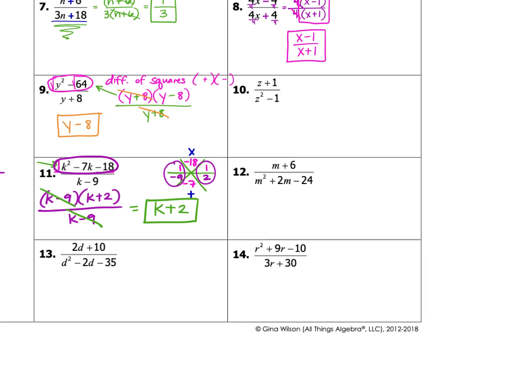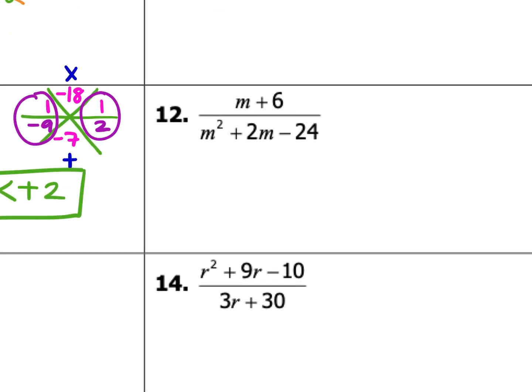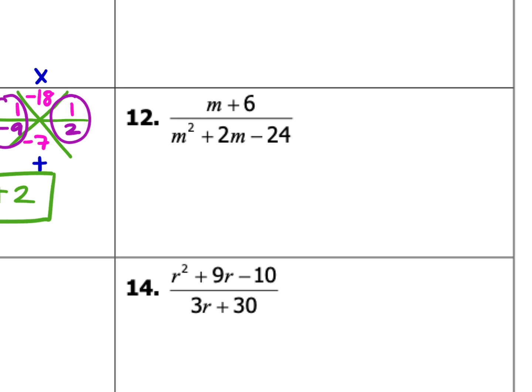All right, go to number 12. N plus 6 we can't do anything to, but that bottom polynomial, we can do star method. So -24 on top and 2 on bottom with 1s there. Okay, so we're saying what can you multiply to get a -24 that you can add to get 2?